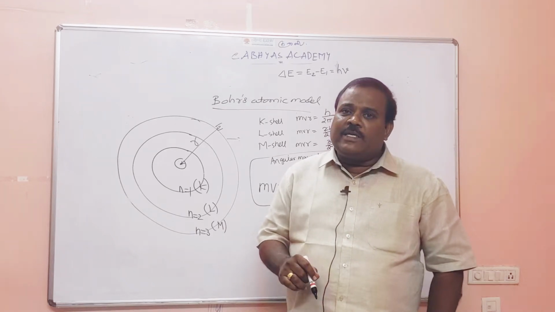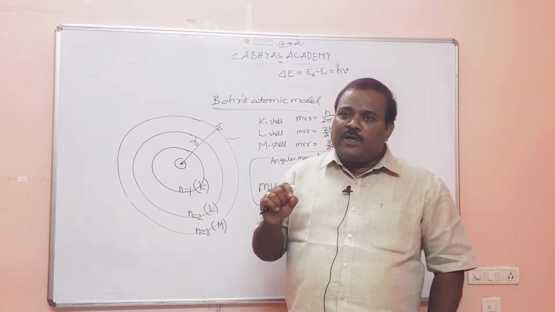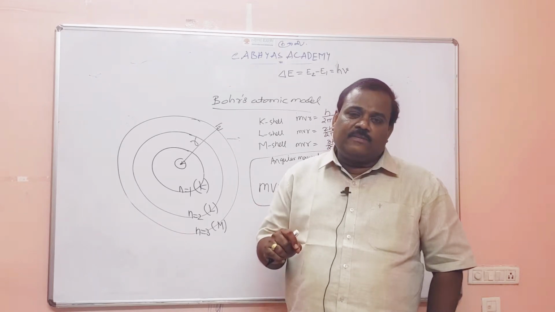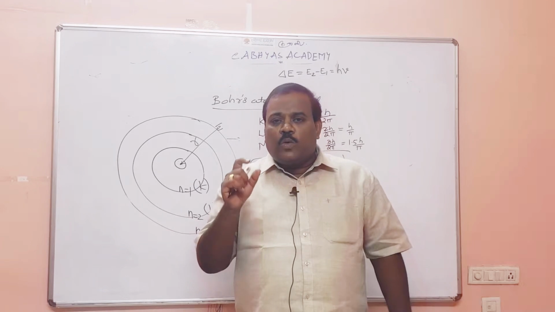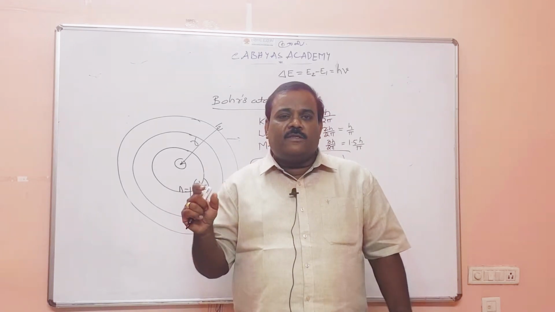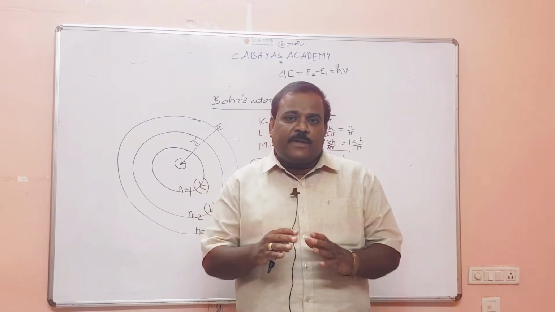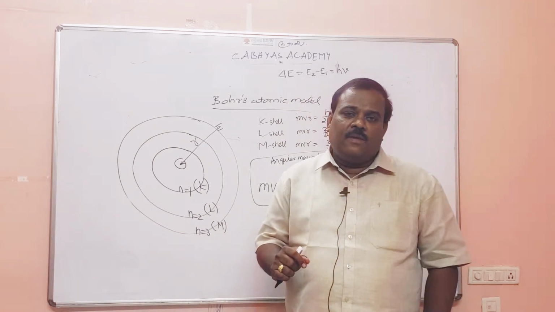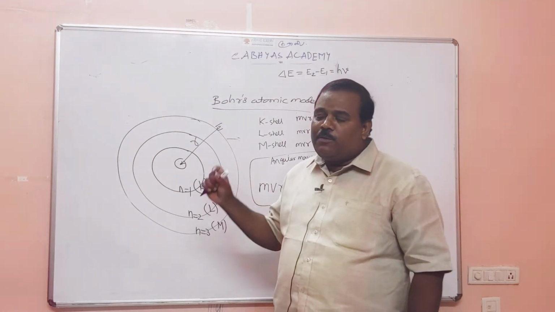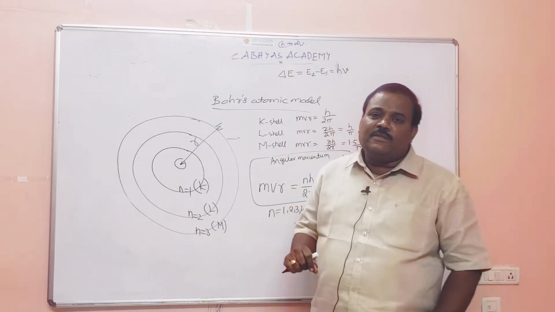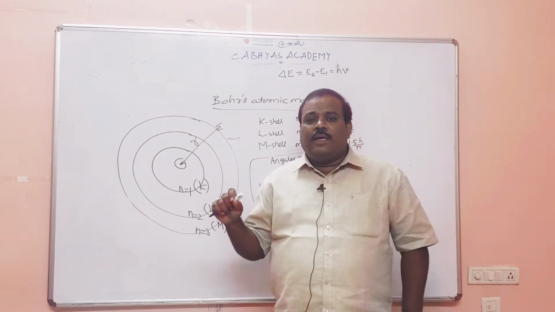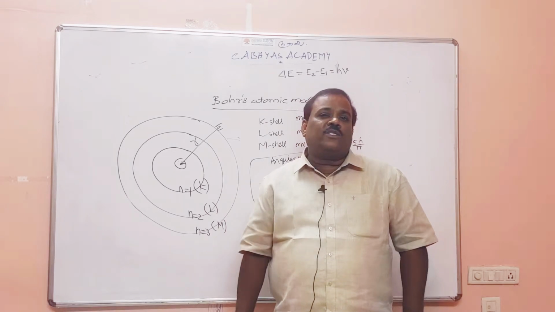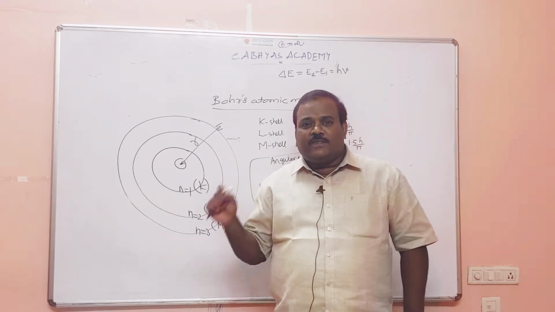Line spectrum contains sharp distinct lines, whereas band spectrum contains closely spaced lines called bands separated by distance. Thus one of the very important topics from this concept is that this model could explain line spectrum of hydrogen and hydrogen-like species.